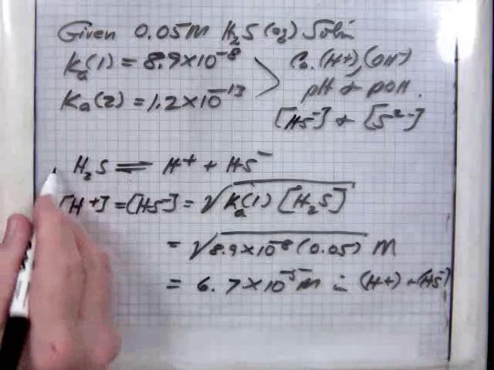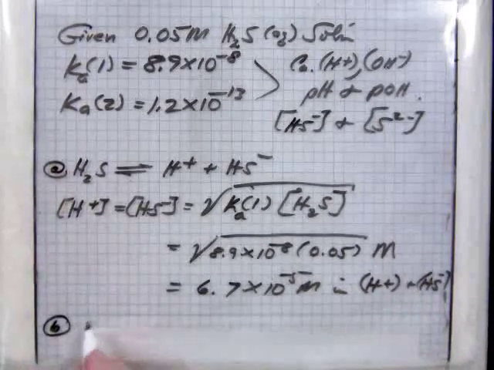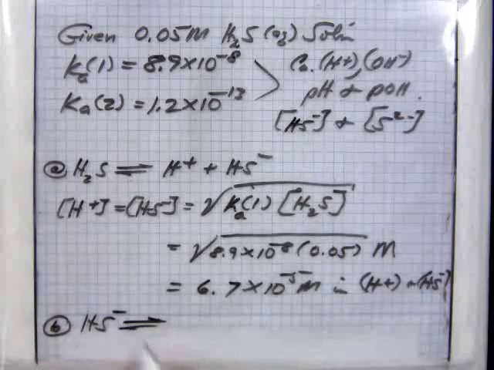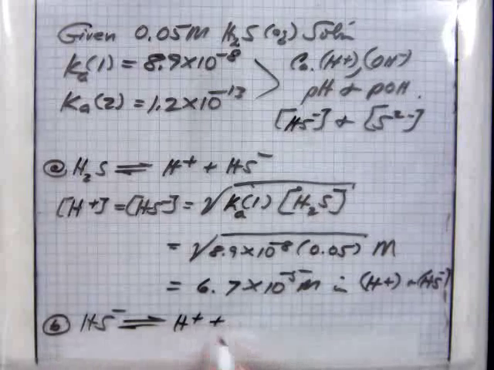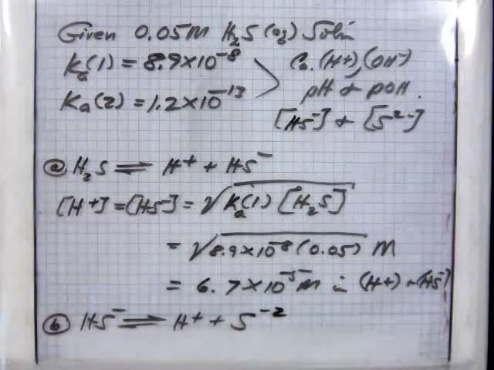So that's calculation A. Calculation B would be the second ionization step: the hydronium ion plus the sulfide ion concentration.